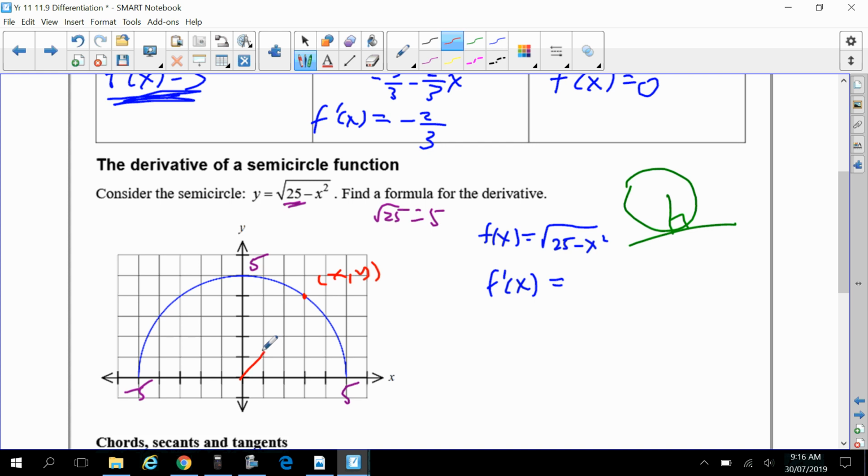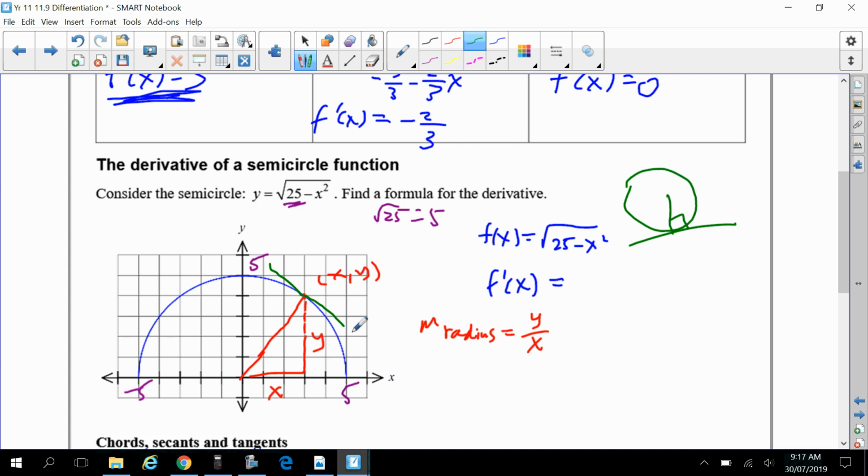So we connect the origin to this point, which is the radius. Let's find the gradient. The gradient is rise over run. Pretty easy. So the gradient of that radius is y over x. Pretty straightforward. How about the tangent?